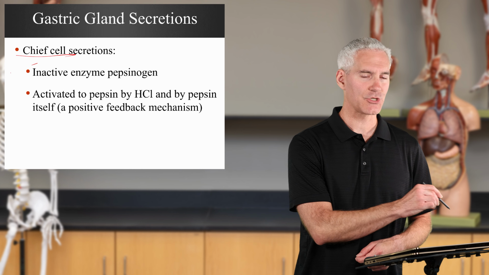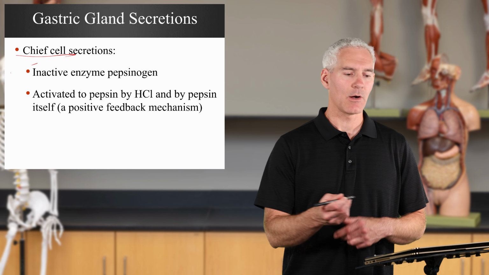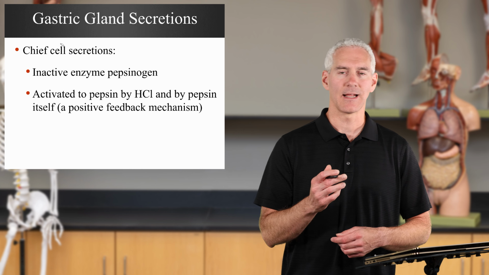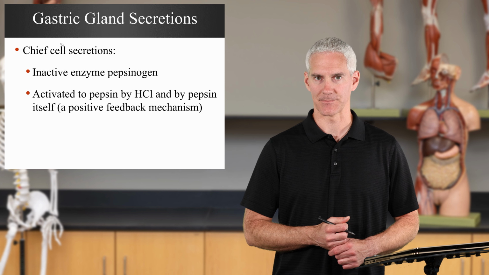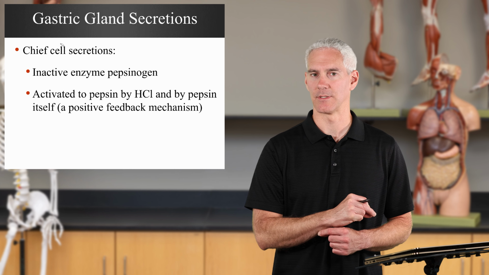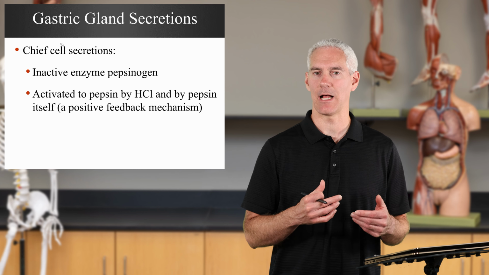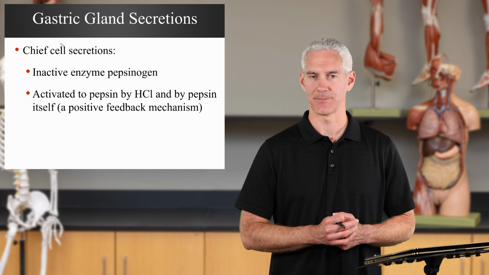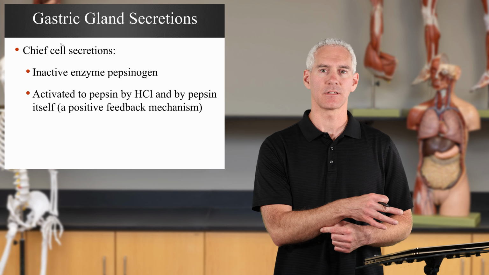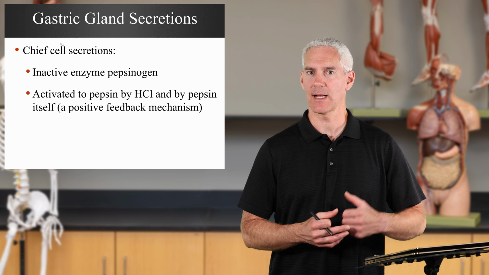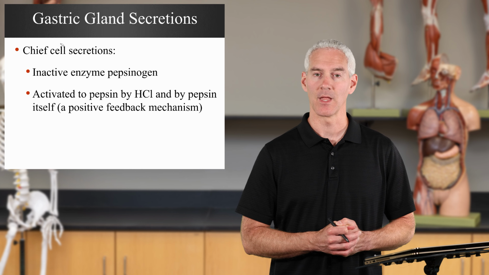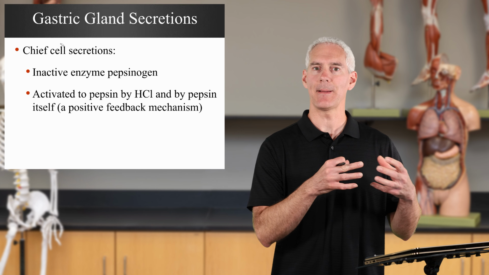Then we have our chief cells. Now, these chief cells are going to help secreting pepsinogen. I mentioned that the last one because the hydrochloric acid helped to activate pepsinogen. So these chief cells work in conjunction with the parietal cells we just talked about. The chief cells produce pepsinogen.